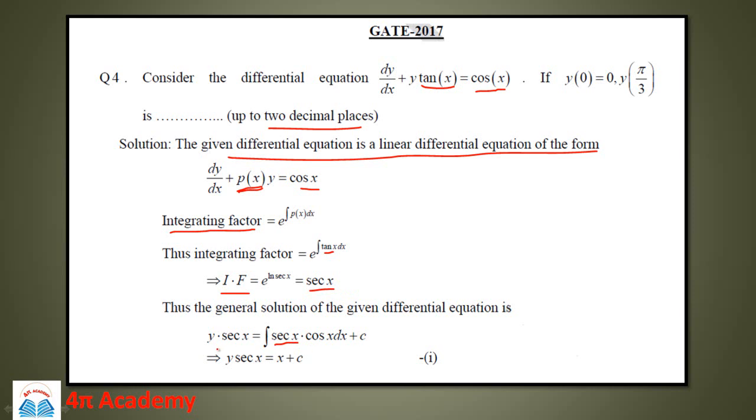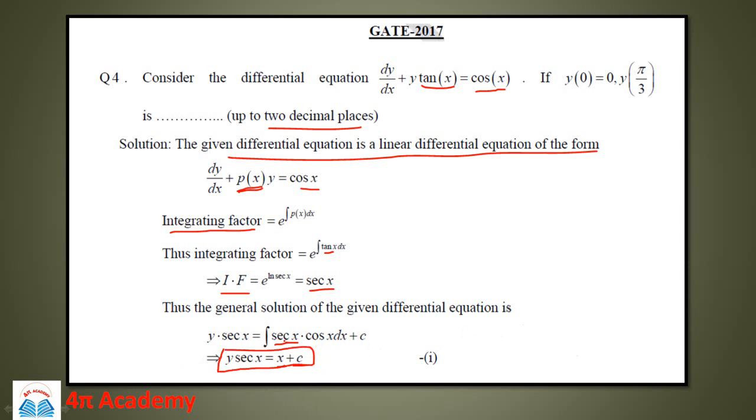Now this is integration of sec x into cos x, but sec x is equal to 1 upon cos x, so cos x gets cancelled off, so this is nothing but integration of dx, which will be equal to x plus c, and hence the general solution will be y sec x is equal to x plus c.